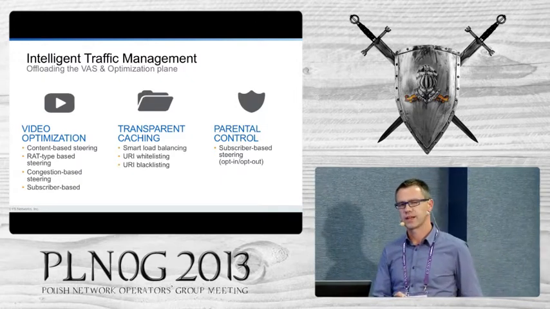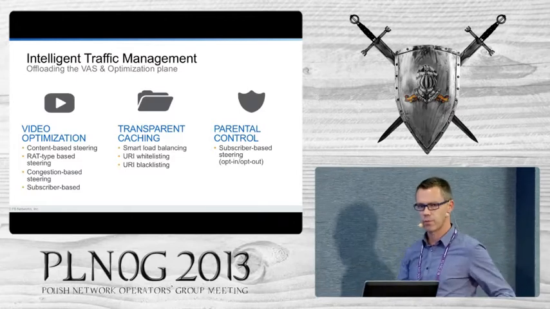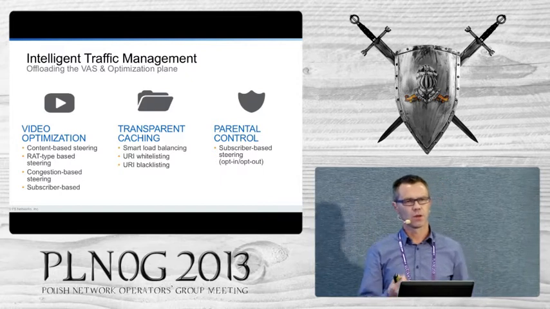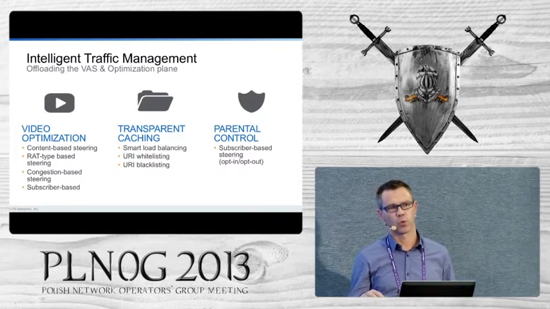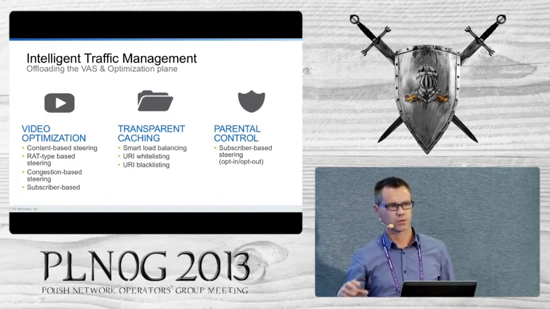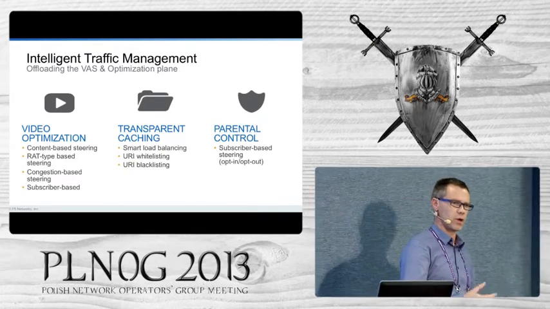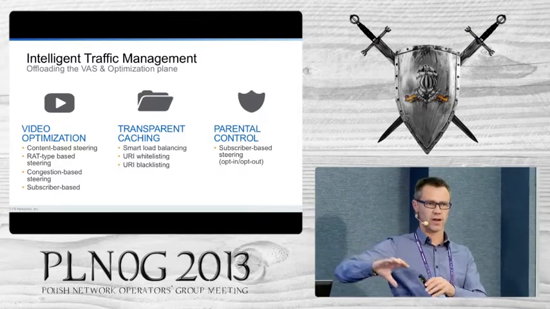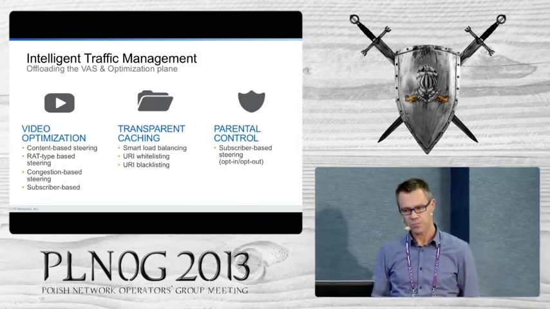Parental control is slightly different, because that's more a subscriber opt-in, opt-out service. But here we see that mobile operators in the past have been deploying APNs for doing service separation, right? If they introduce a new service, they create a new APN so that they can isolate subscribers, and then they have VLANs on the Gi LAN to manage all that.